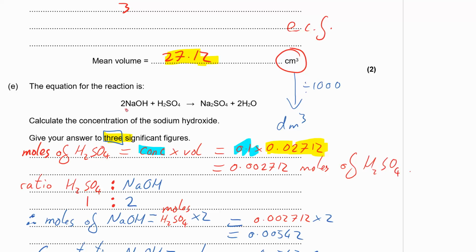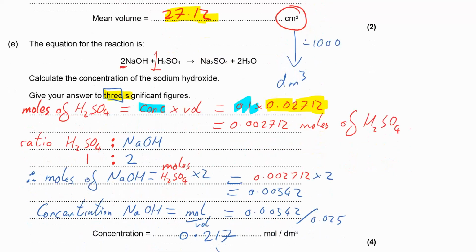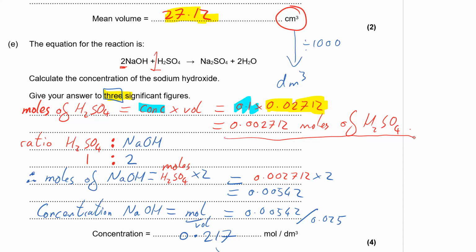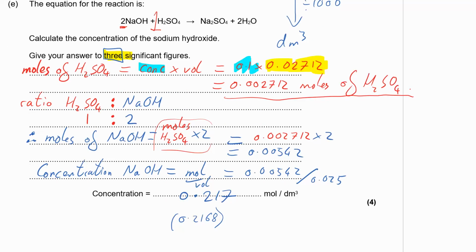Finally, the ratio, it's 2 to a big invisible 1 there, 2 to 1. So for every 1 H2SO4 we have 2 NaOH, so therefore moles of NaOH is this number times 2, as you can see here. So if we times that value by 2, we get 0.00542.